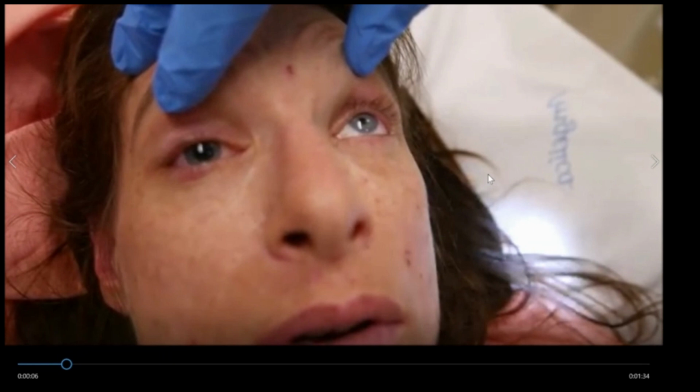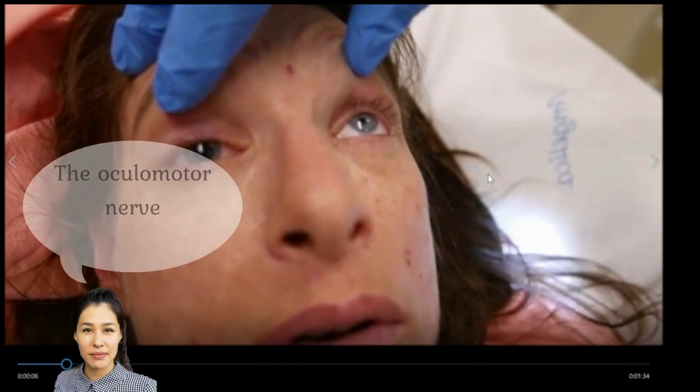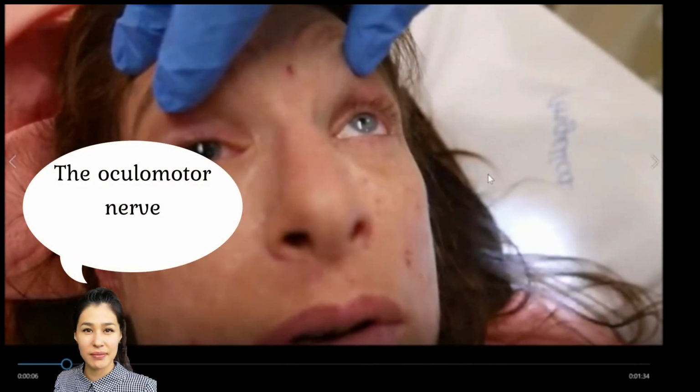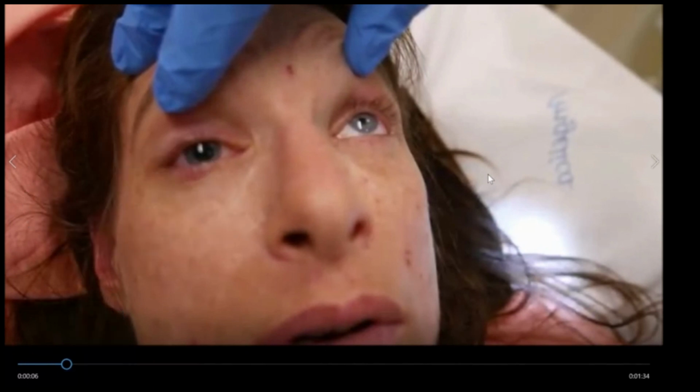And this muscle is supplied by what? Levator palpebrae superioris. Oculomotor. All the extraocular muscles are supplied by the oculomotor except two. So the only thing you need to memorize is the two muscles that are not supplied by the oculomotor nerve. All the other muscles are supplied by the oculomotor nerve.